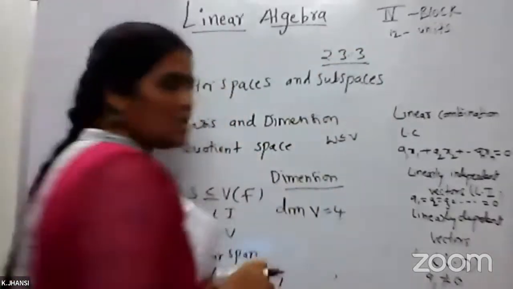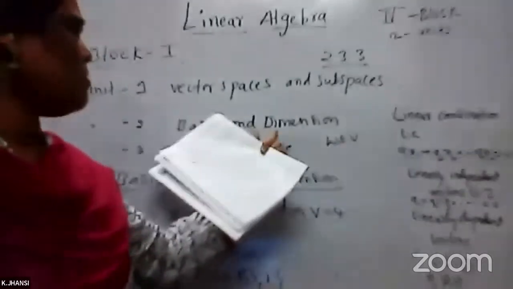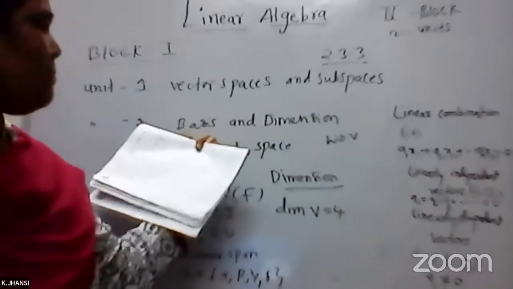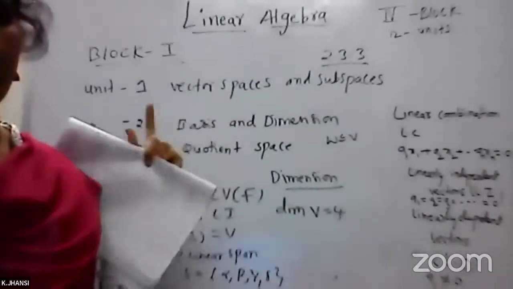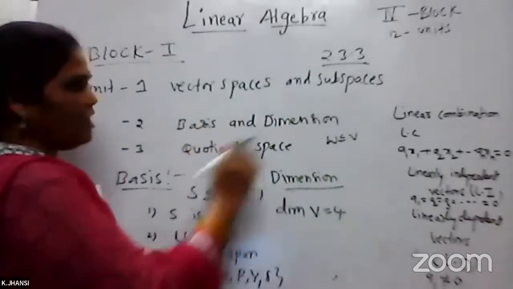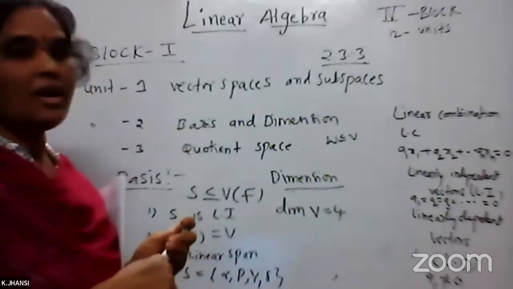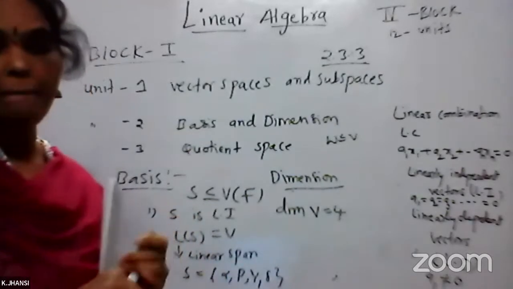This is the 10 marks theorem in basis and dimensions. Small problems will also be given, even 1 mark multiple choice questions, where a set is given and they ask what is the dimension of that set. Dimension means the number of elements present in the basis.